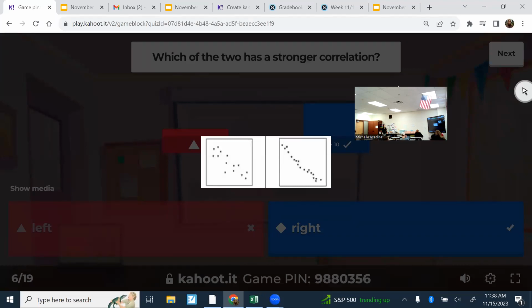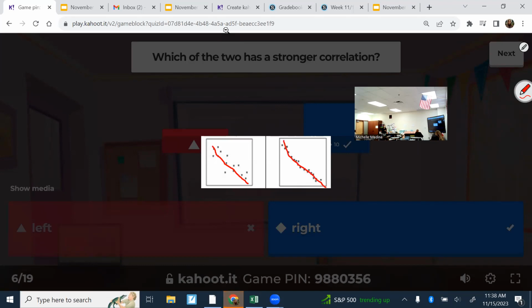Stronger has to do with what? Like what, how do I know if a correlation is strong? If it's really close to the line. Now what line, it would be like whatever line that you can draw through the middle of the data that the points seem to be clustered around.